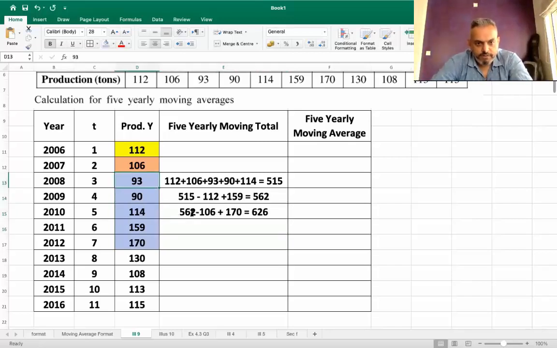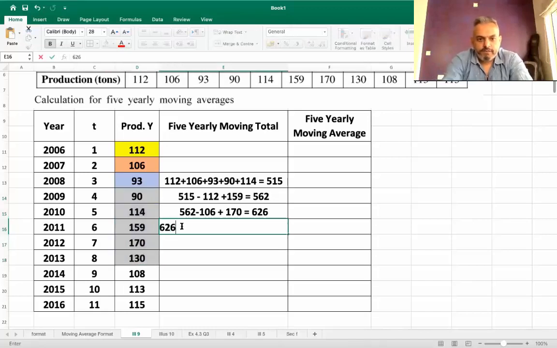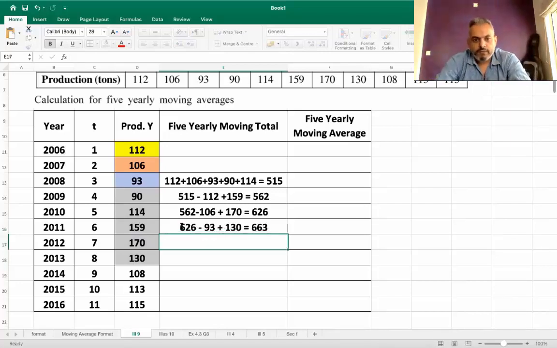Then next one. From 626, you eliminate 93 and you add 130, the last one, so minus 93 plus 130. This is equal to 663. Then again the next one.